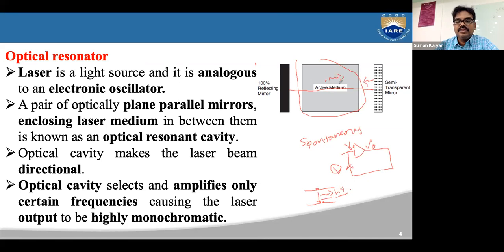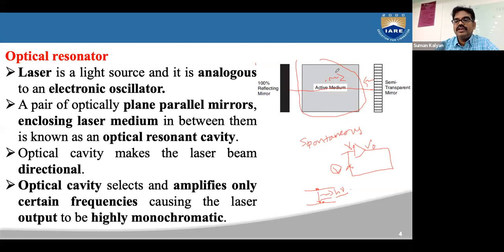So the optical cavity selects and amplifies only certain frequencies, causing the laser output to be highly monochromatic. Whichever photons are parallel to the optical axis of the mirrors, only they get selected, and they will be reflected back and forth.